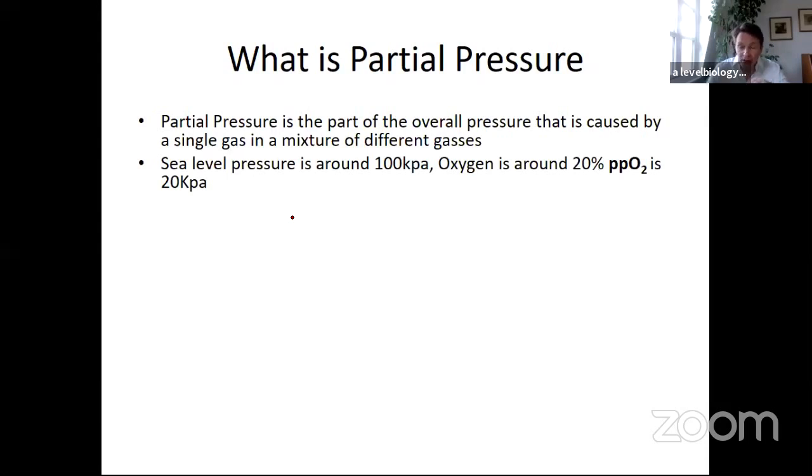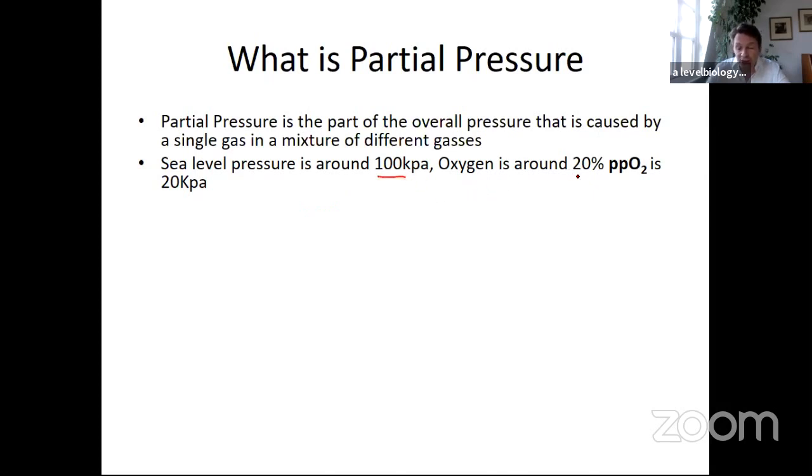So therefore, there are 2 ways that you can change partial pressure. Either you have more or less air, which changes the total pressure, or you have more or less percentage of oxygen in that air. At sea level, the pressure of air is around 100 kilopascals.